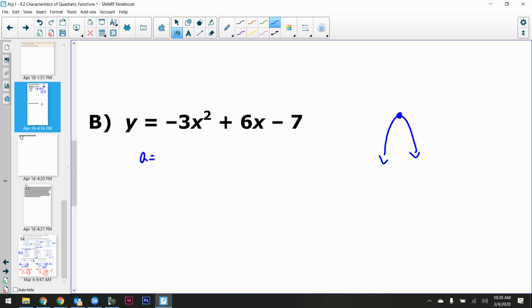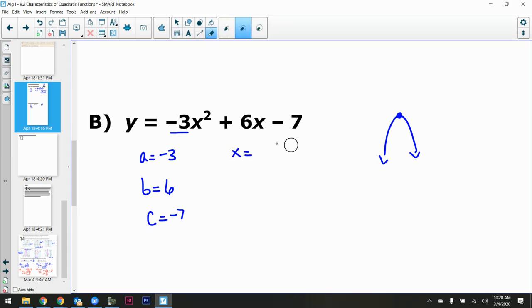Abby, what's my A value? Be careful. Negative 3. What's my B value? And what's my C? Good. So the formula is x equals negative b over 2 times a, and I'm starting now to put the negative in with the b.